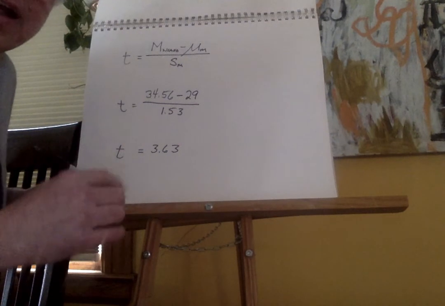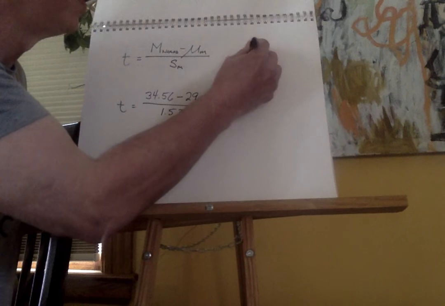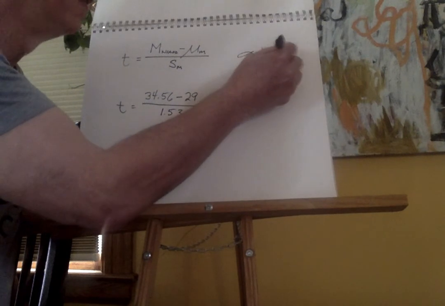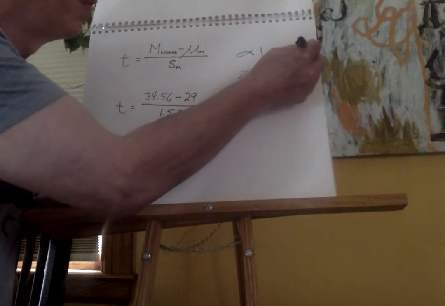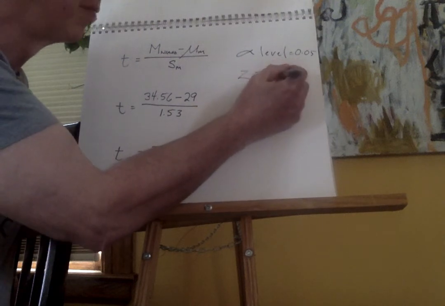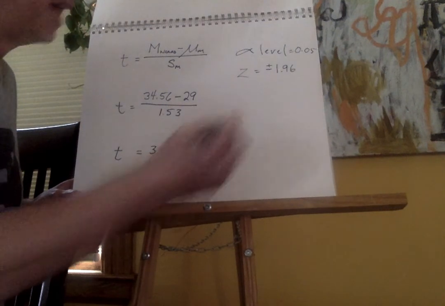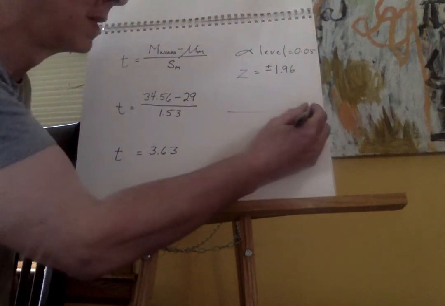So remember we had our alpha level of 0.05. That was a z of plus or minus 1.96. And remember what that means.